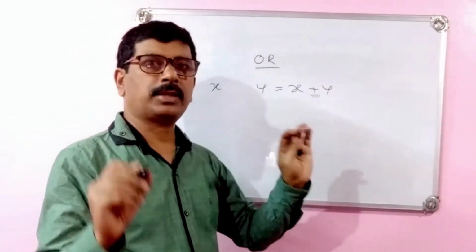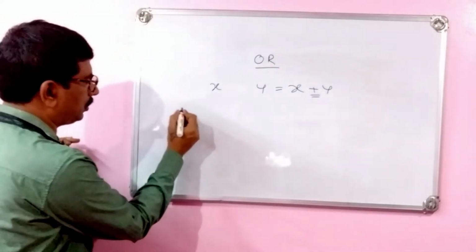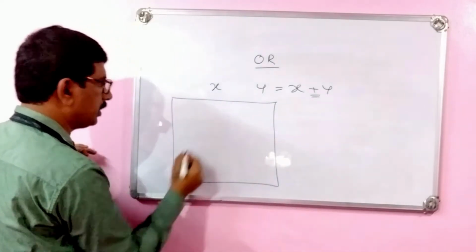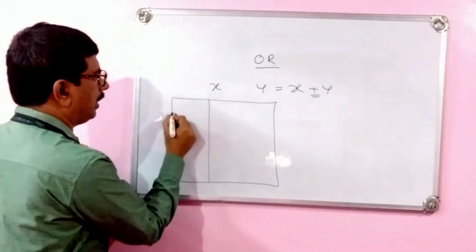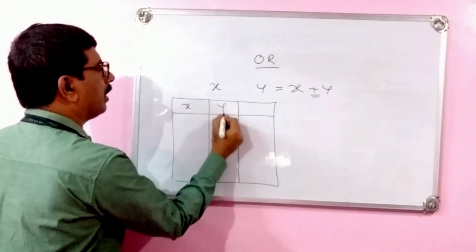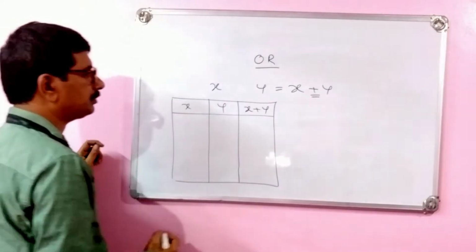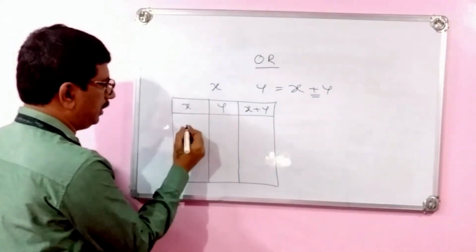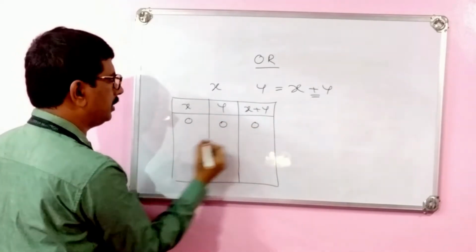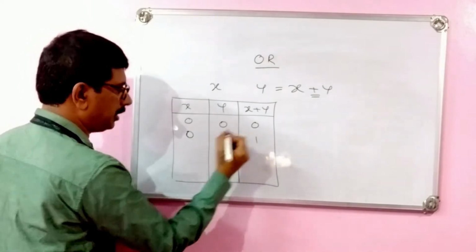So we have already seen the truth table for this. Once again I will take x and y, and the result is x plus y. Here x is 0, y is 0, the result is 0. X is 0, y is 1, the result is 1.